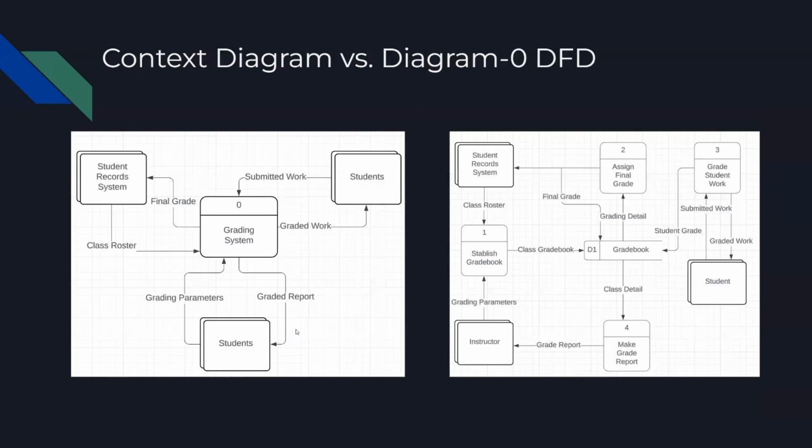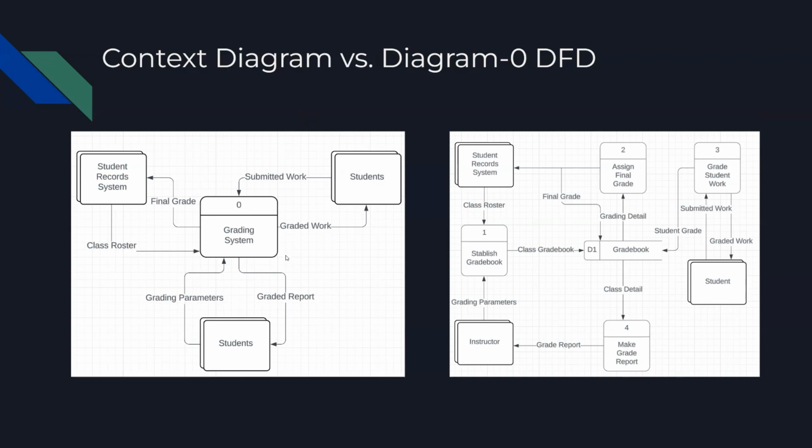Since this input is not relevant to the process of calculating a total cost, it is considered a gray hole. Now moving on to the difference between a context diagram and a diagram 0: the context diagram is the left one here and the right one here is a diagram 0. A context diagram offers a broad view of an information system and usually contains 1 process symbol right here. This process symbol is also known as a black box, as I previously mentioned.